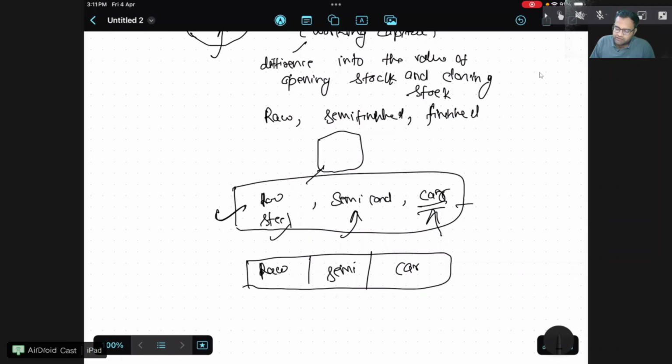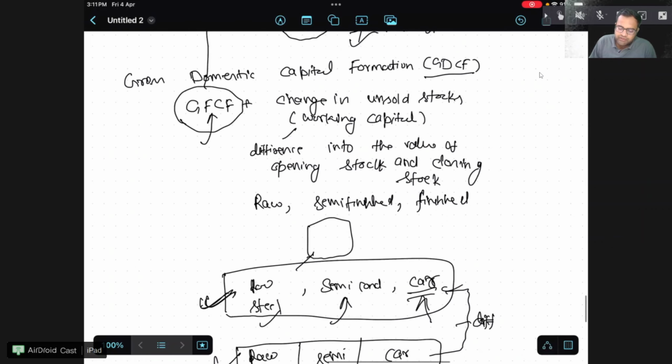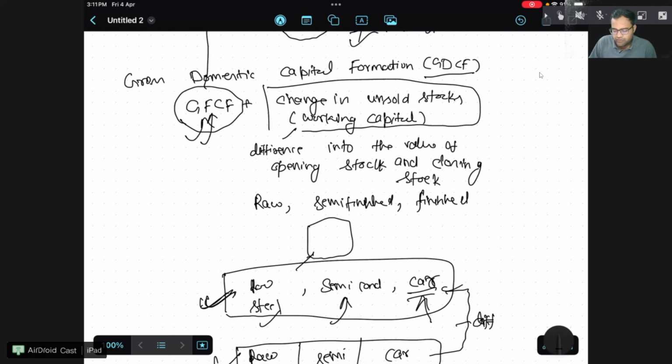Then we find the difference between the value of the total opening stock and the closing stock, and we add those values. GFCF plus change in unsold stocks would be the gross domestic capital formation, the total capital formation in any particular economy.